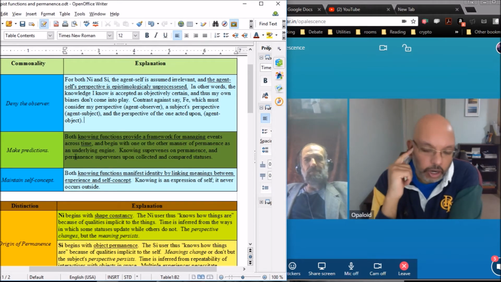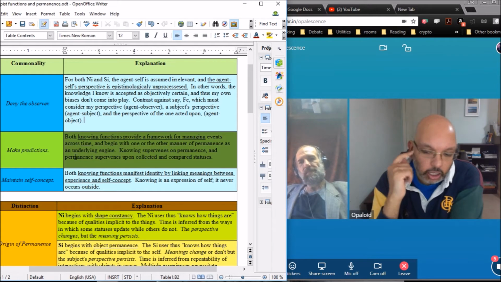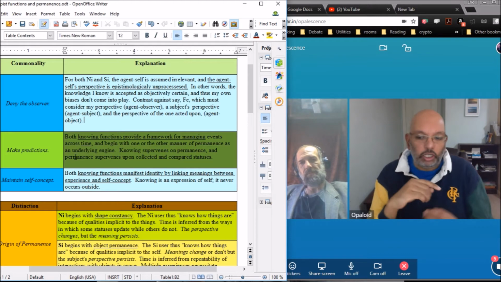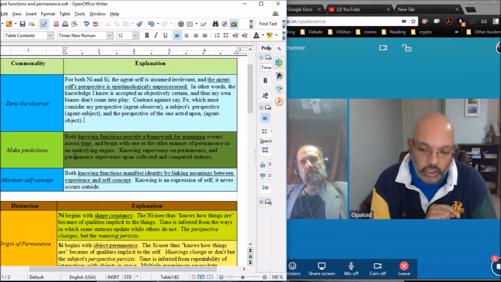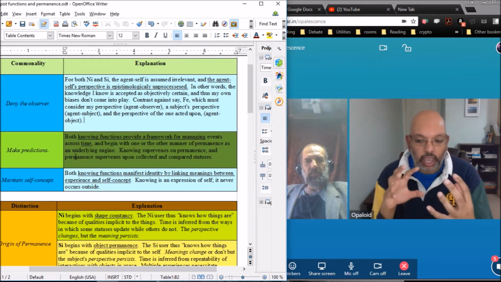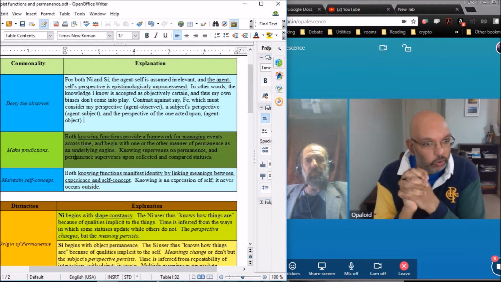Right. So if I'm hearing this correctly, and it just popped into my head, and I just looked at the title, so denying the observer, what it sounds like is not necessarily a pure denial of the observer, but as though there's a collapsing of the observer into what's observed, so into what's known.